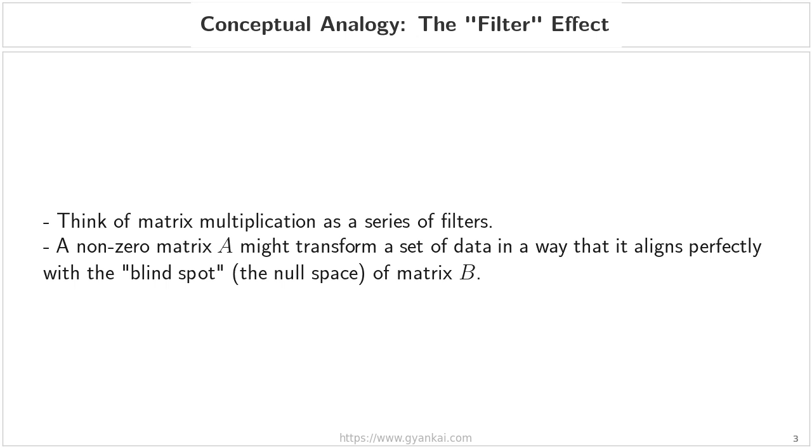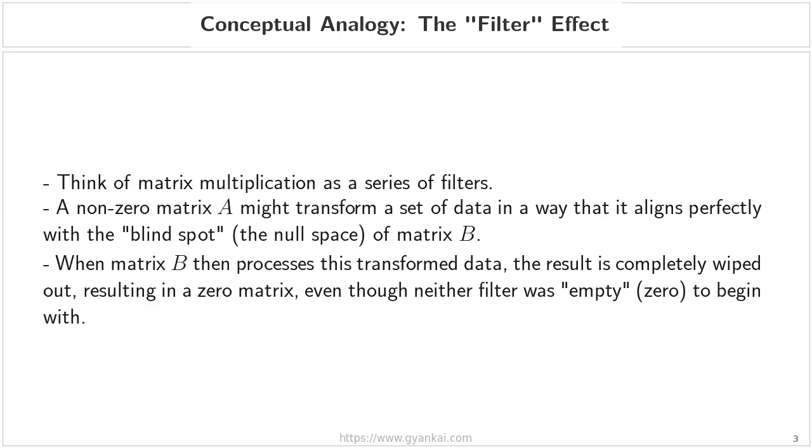It is possible that matrix A transforms this data in such a specific way that the output aligns perfectly with what we call the blind spot, or more formally, the null space of matrix B. Consequently, when matrix B processes this already transformed data, the result is completely wiped out. This leads to a zero matrix as the final product, even though neither filter, meaning neither matrix A nor matrix B, was empty or a zero matrix to begin with. To see exactly how this works with actual numbers, let's move on to a concrete, step-by-step example.